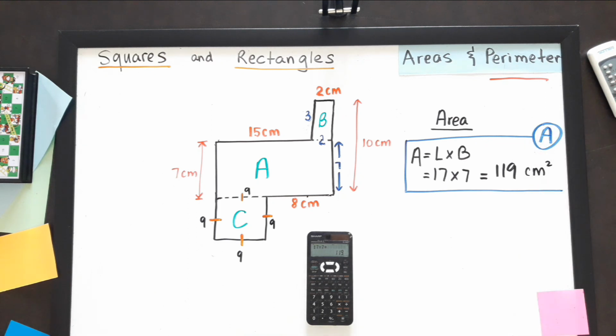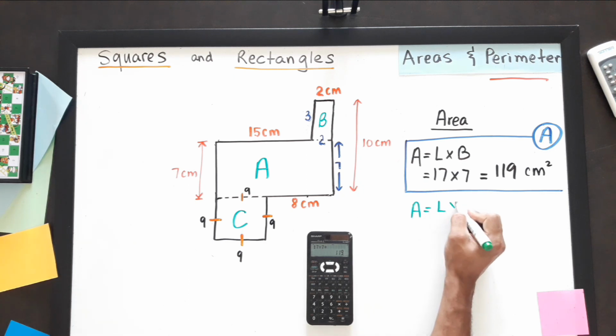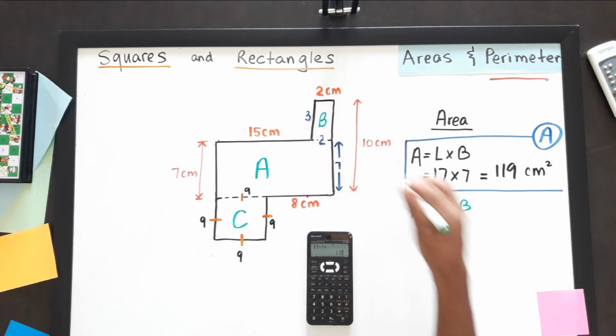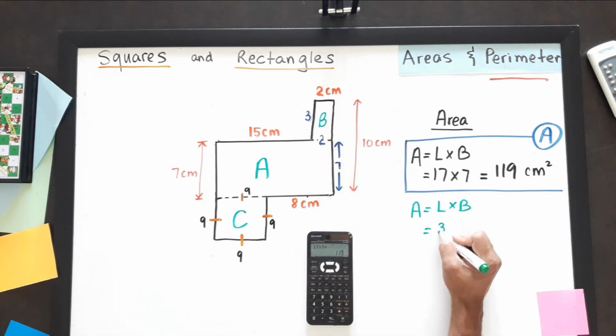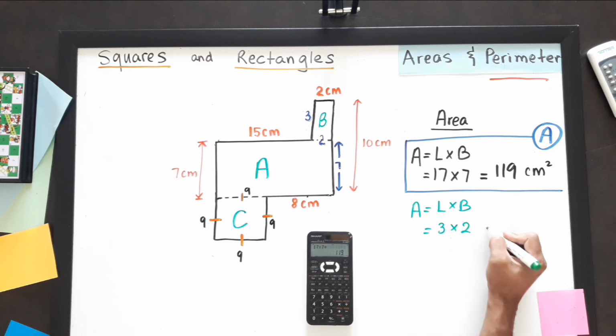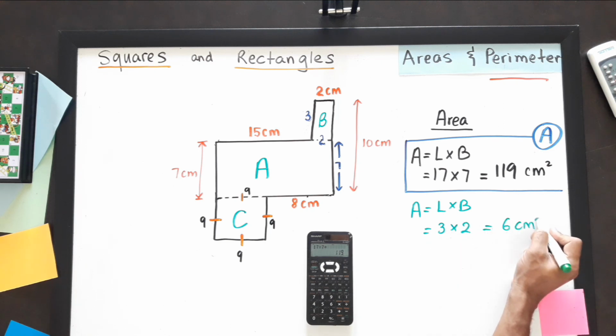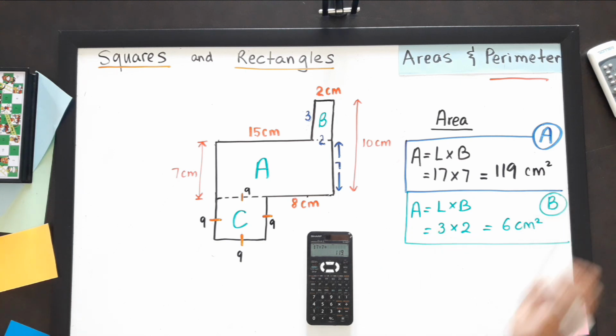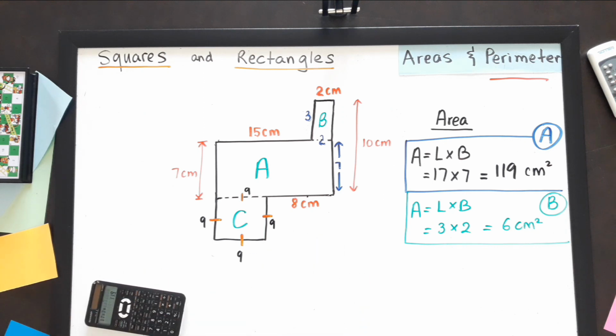Alright, let's do the working for shape B. Area is length by breadth. For shape B, length is 3 and the breadth is 2. So it's 3 multiplied by 2, which will give us 6 centimeters squared. And this is the area of shape B. Let's do C now. C is actually a square, right? So area is just side multiplied by side, or side squared.